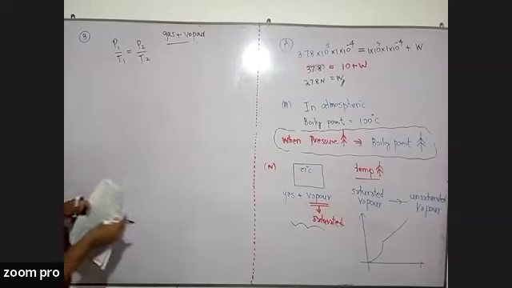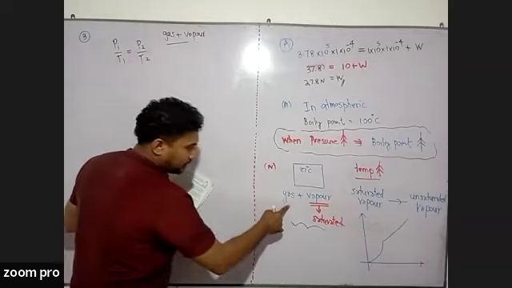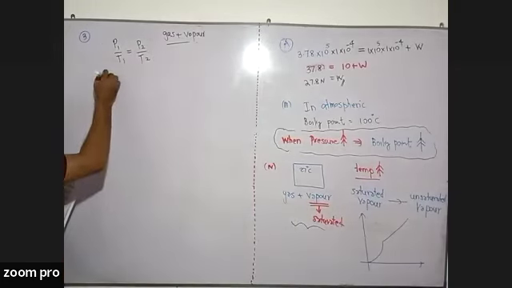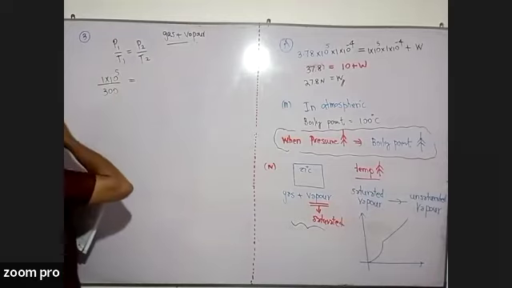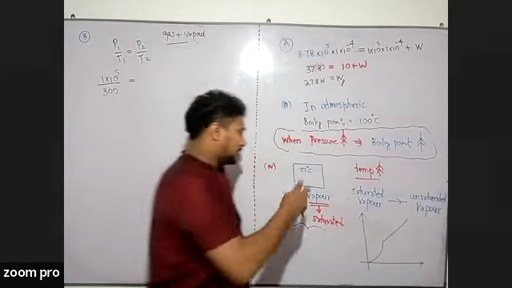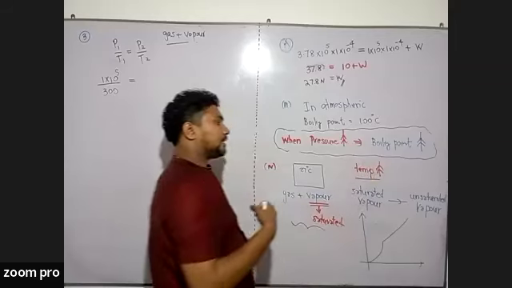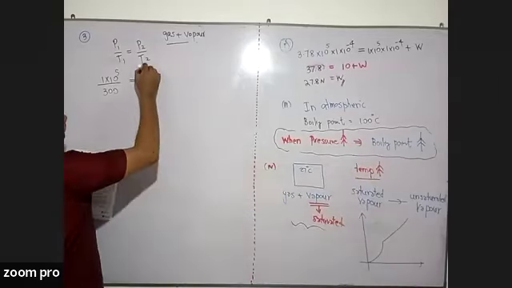Initially, the partial pressures of these two should add up to 1.01 × 10^5 Pascal, at a temperature of 27 Celsius. When the temperature is increased, the pressure is also getting increased, but the slightly saturated vapor is converting to unsaturated vapor.